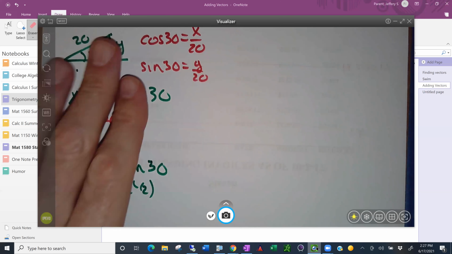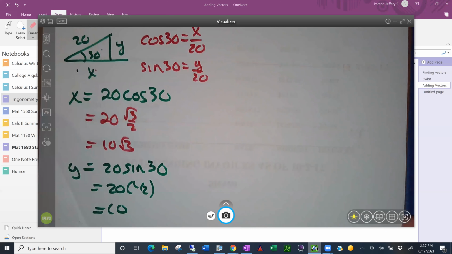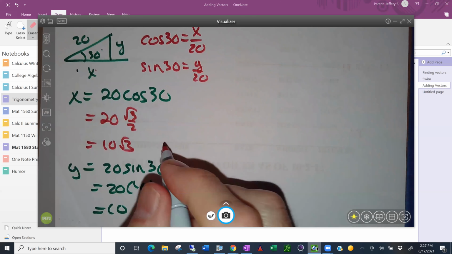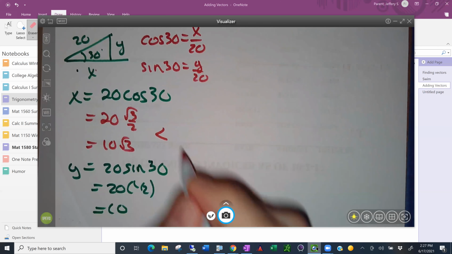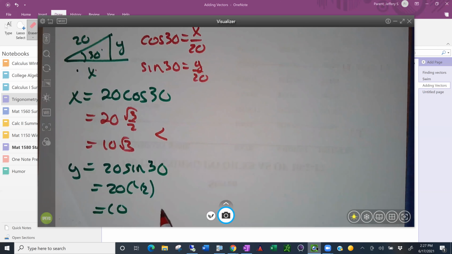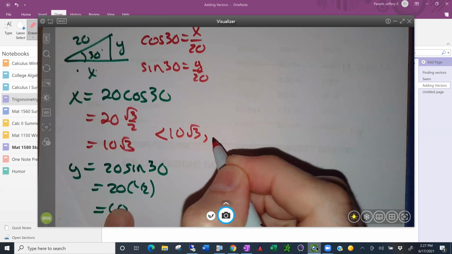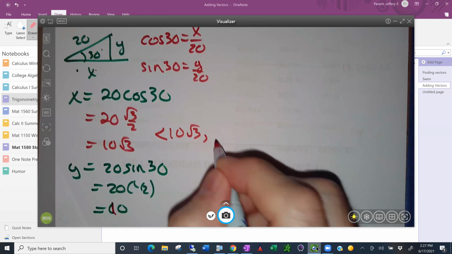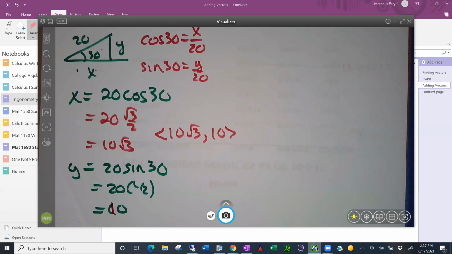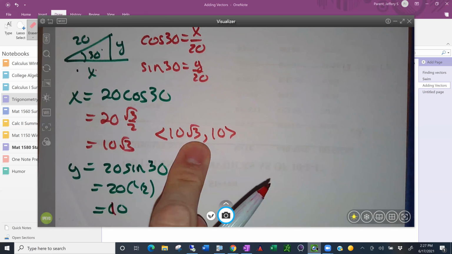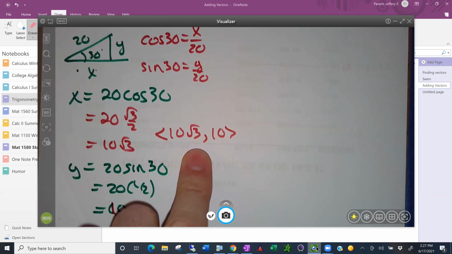So in terms of components, I can now write this as 10 square roots of 3 and 10. That's the component version of that vector.